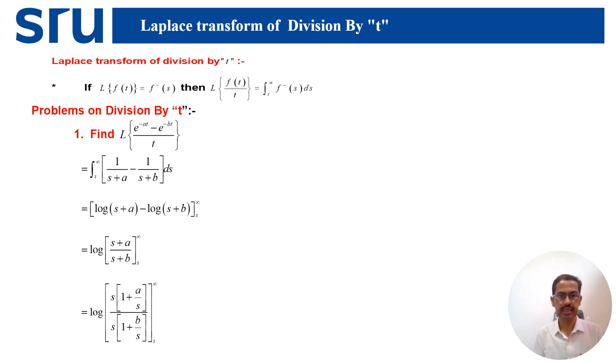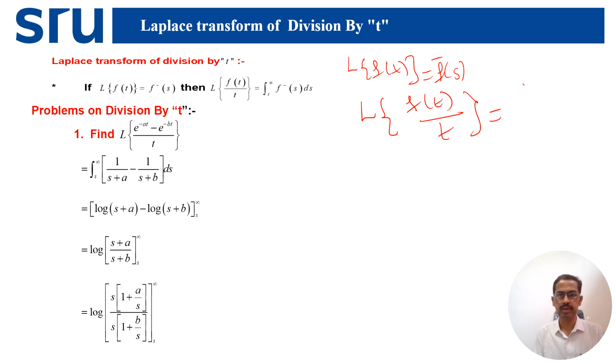Next, the division by t formula: if the Laplace transform of f of t is f bar of s, then the Laplace transform of f of t by t is equal to the integral from s to infinity of f bar of s ds. This is the division by t formula.